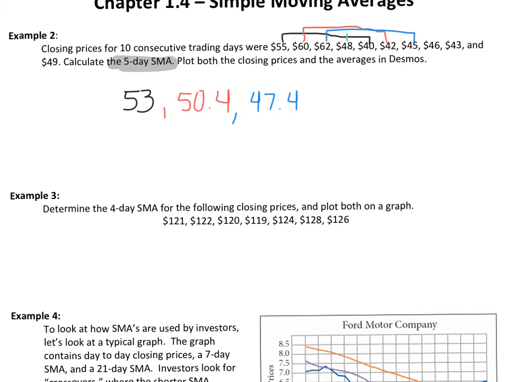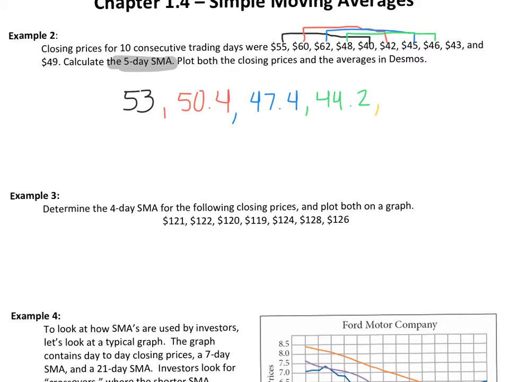This is why it's easy to use different colors so you don't overlap. Now starting with 48: 48 plus 40 plus 42 plus 45 plus 46, divided by 5, is 44.2. And we've got a couple more.